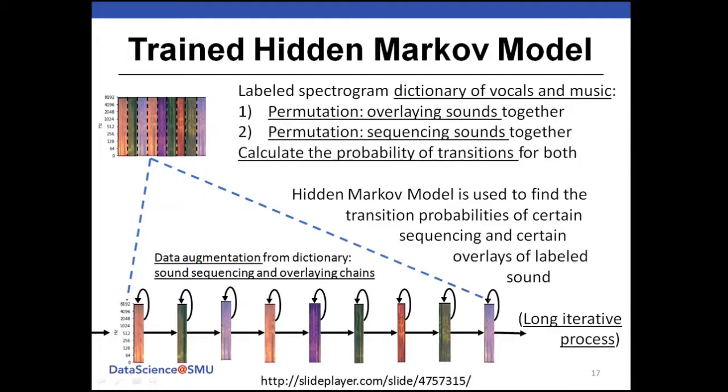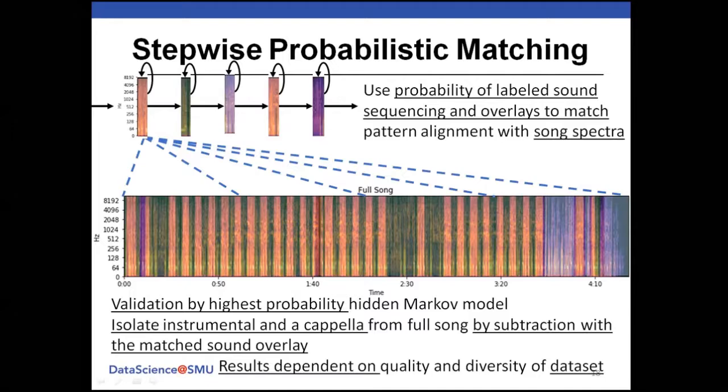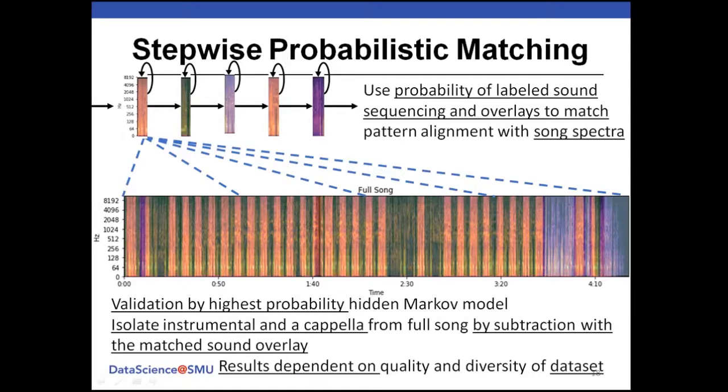From there, once we find the probabilities, we use stepwise pattern alignment with the song spectra to validate by highest probability using the hidden Markov model. The transition states between vocals and instrumentals and overlaying can be isolated by subtraction with the match of what the hidden Markov model thinks it is, and then using the matched sound overlay, you just subtract it from the separated labels from the original Multimedia data set.